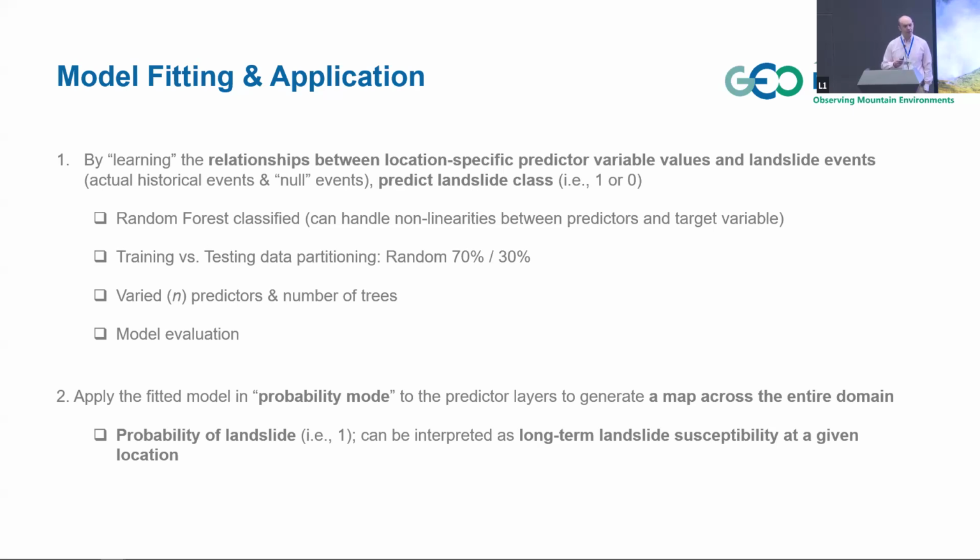And finally, we could apply the resultant model in so-called probability mode to derive a probability map of landslide occurrence across the entire region. This can be interpreted as the long-term landslide susceptibility at a given location.